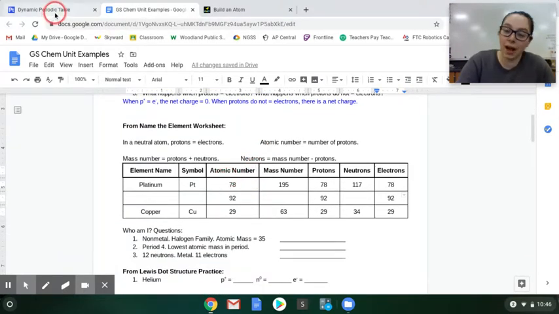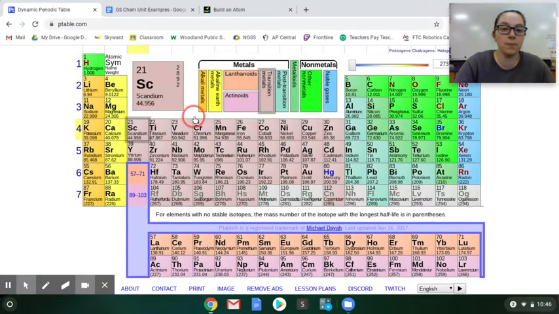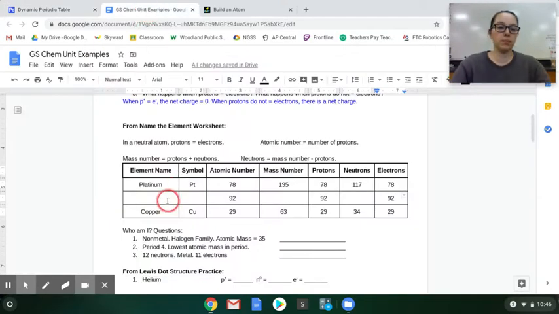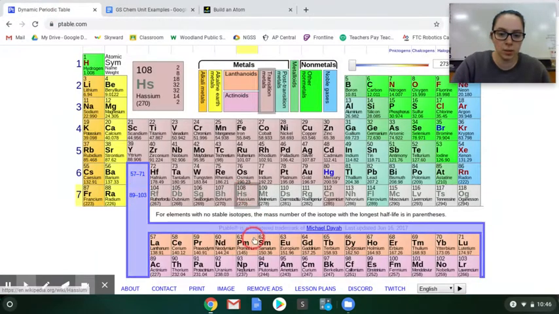I have to go to my periodic table, though. Find the atomic number of 92. Boom. Looks like my element is uranium with the element symbol U. Beautiful. So now I can go back to my periodic table, figure out what my mass number is, and figure out what my neutrons are. So my mass number for uranium is 238.03.